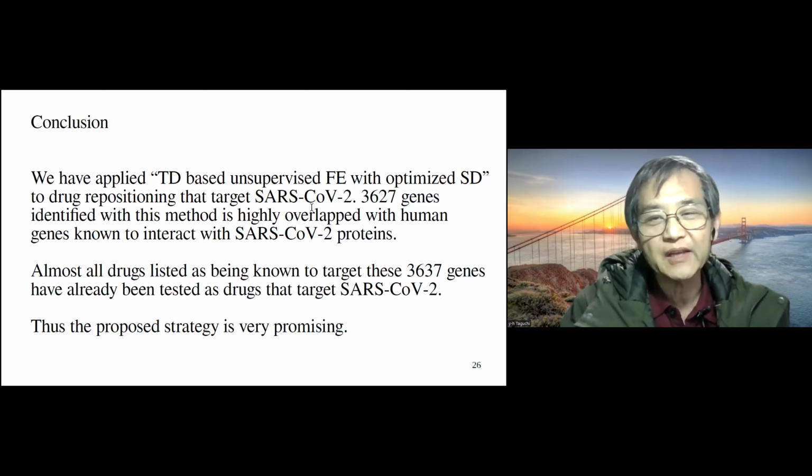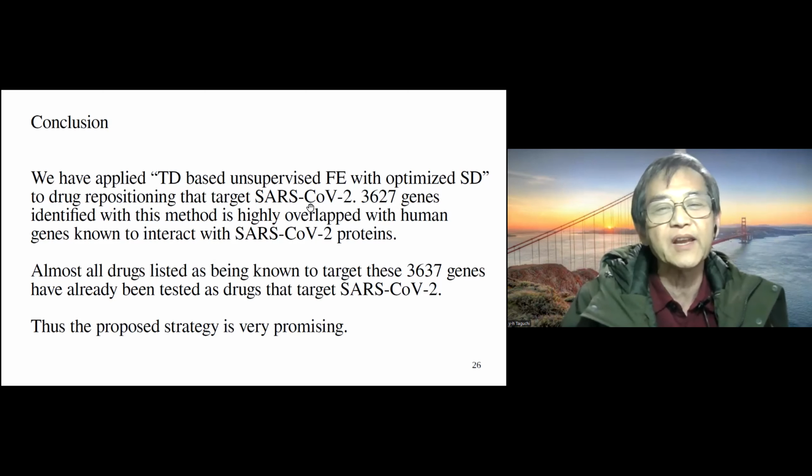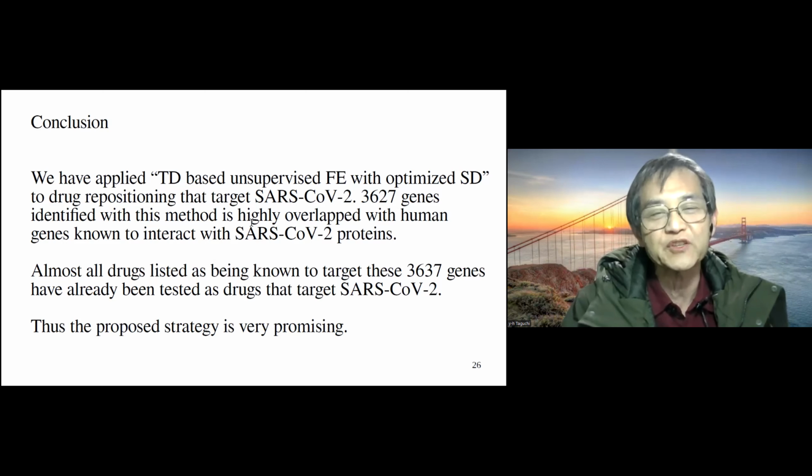These genes turned out to be heavily overlapped with the human genes known to interact with SARS-CoV-2 proteins. So our method correctly selects the genes which should be important in the infectious process of SARS-CoV-2. Then if we check which drugs target these genes significantly, we can list promising drugs.